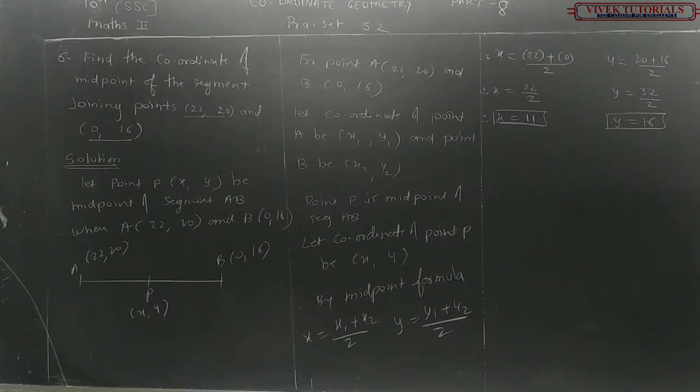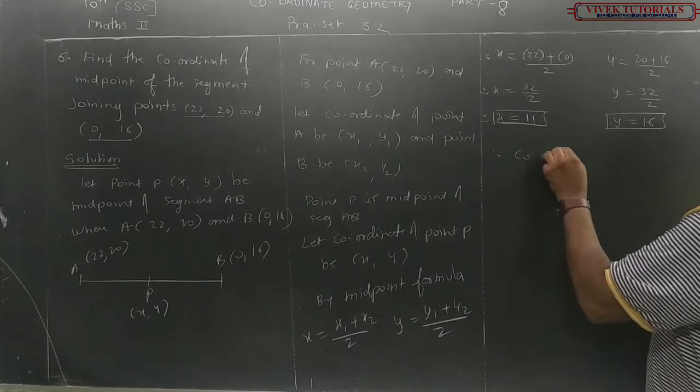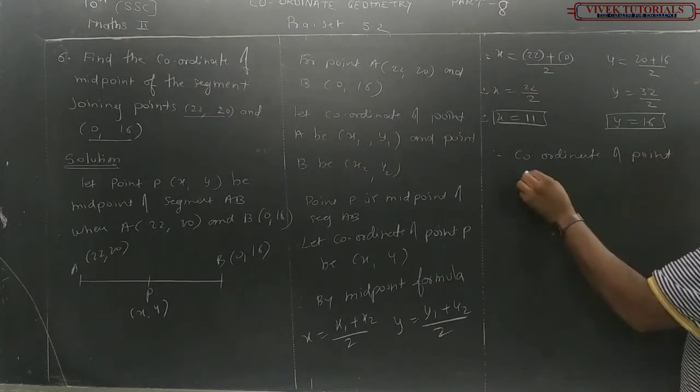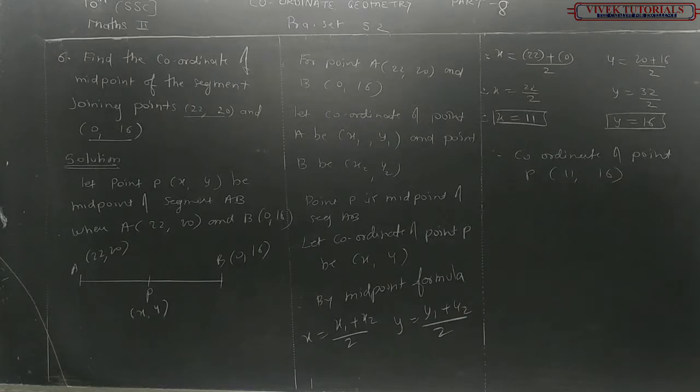So we got the value of what? Therefore, what I can write then, coordinate of point P is 11, 16. But this point P we have taken ourselves. It is not given that this particular P is the midpoint.